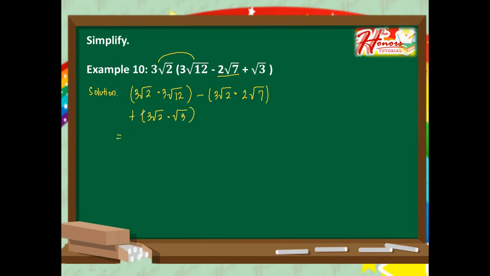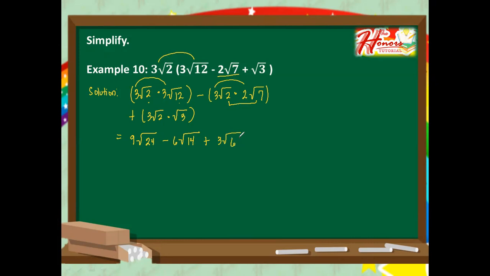So let's simplify. So 3 times 3, that's 9. And then 2 times 12, that's 24. Minus 3 times 2, that's 6. 2 times 7, that's 14. So square root of 14. Plus 3, copy 3, square root of 2 times 3, that's 6.